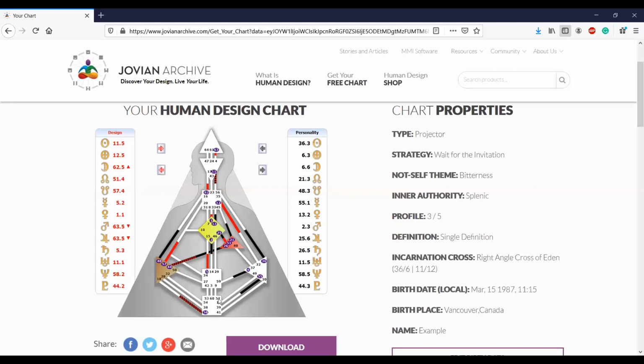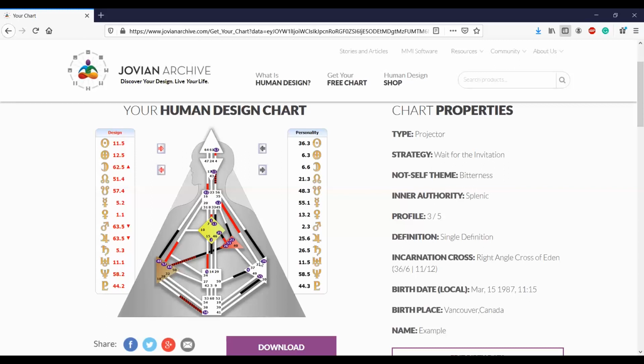You'll see that some channels have just one part colored, for example number 6, or number 57, or 36. There are lots of them. These are called hanging gates, and we are naturally drawn to people who have the other gate, which forms a channel.